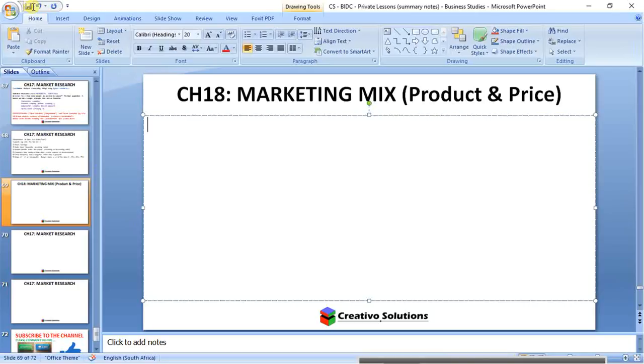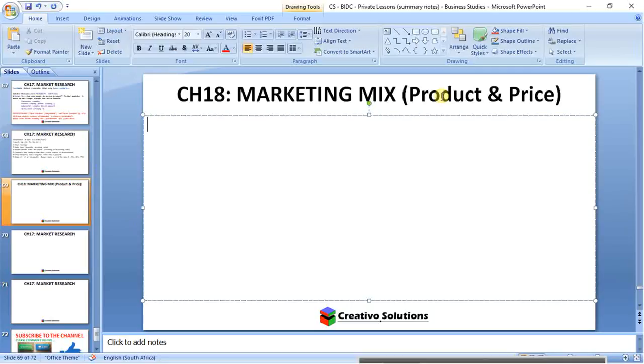So the first thing that they mention in the textbook in terms of this chapter is the 4 P's. What does the 4 P's relate to? The marketing mix. And why do they split it in terms of product and price and then promotion and place? Do you know why? The 2 are more internal and the other 2 are more external. So looking at product and price, internal, external?